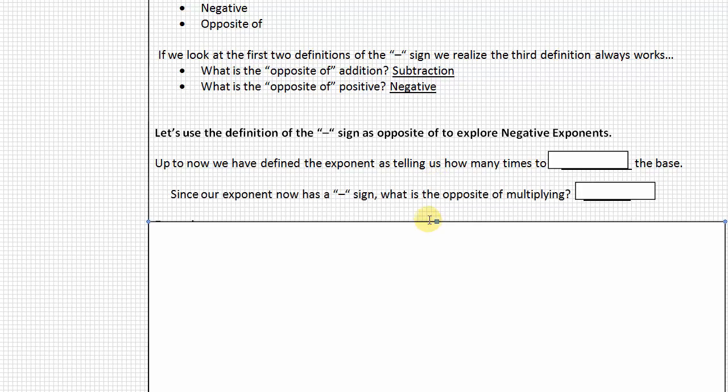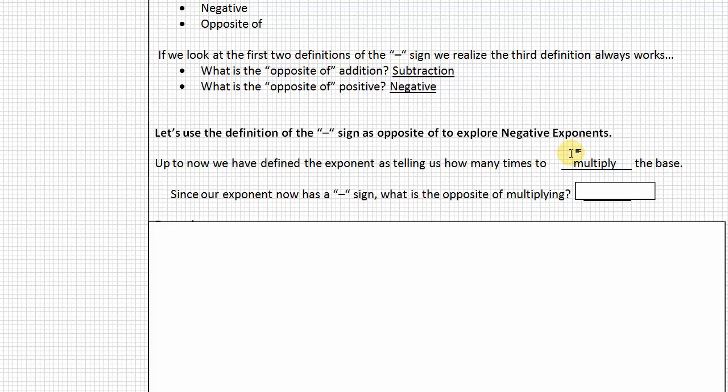So up until now, we have said that the exponent is telling us how many times to do what to the base. Well, we've been saying that it's how many times we multiply the base number.